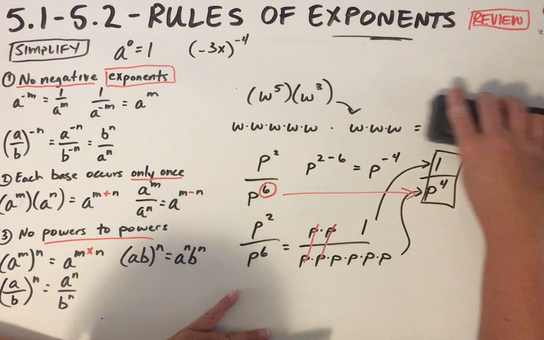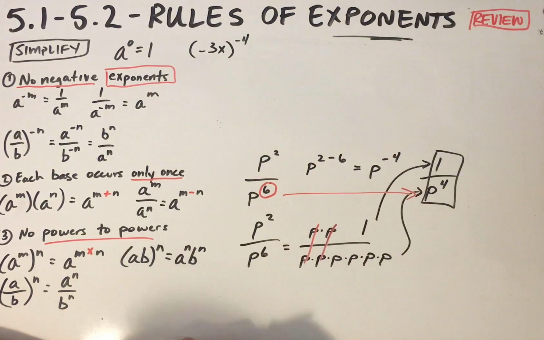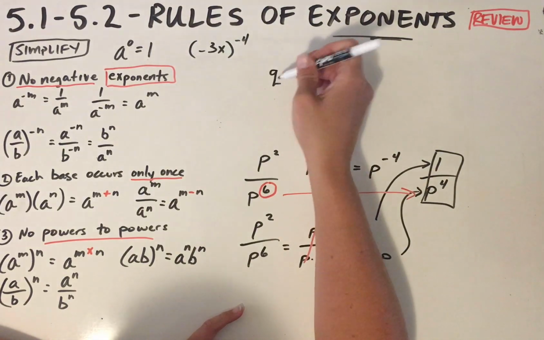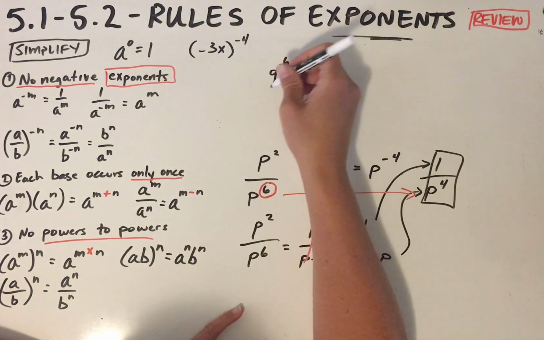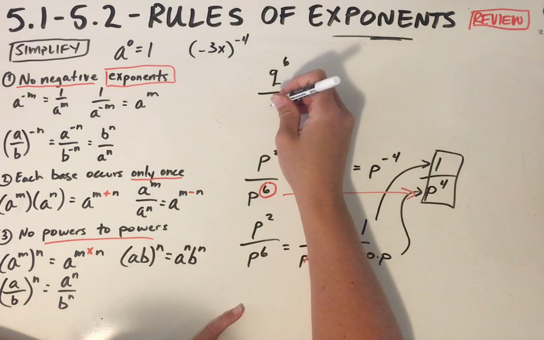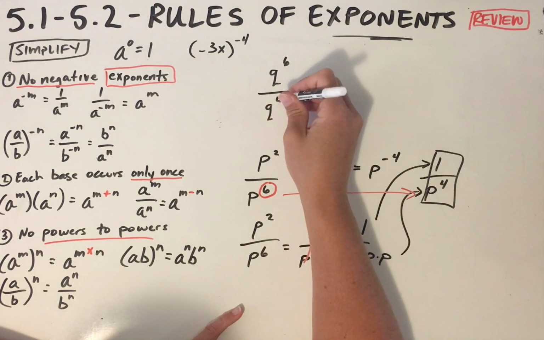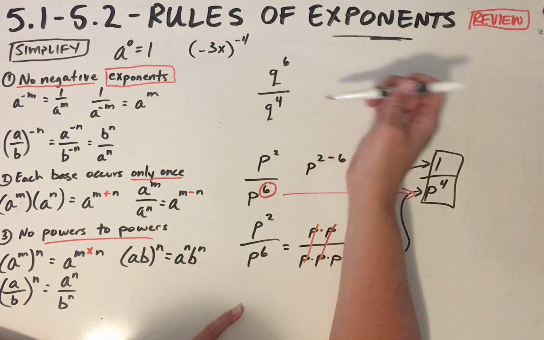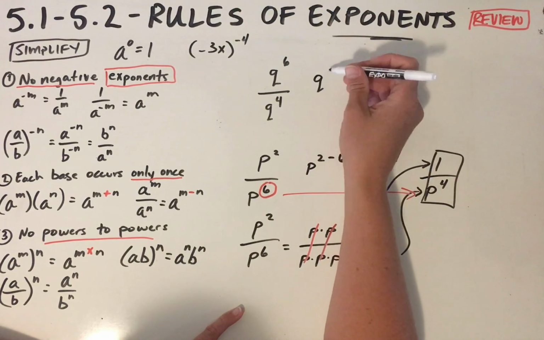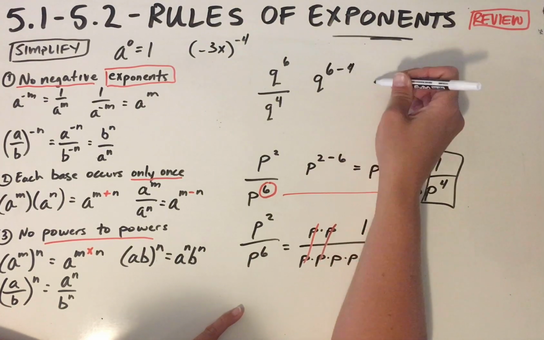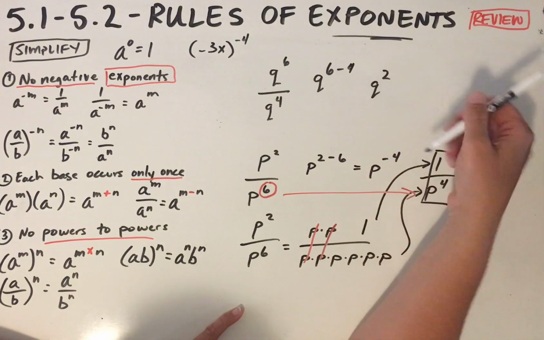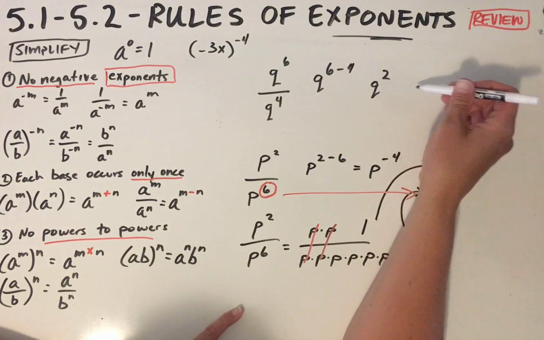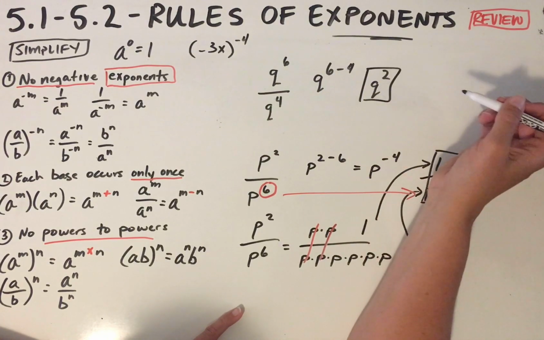What does that look like? Well, let's say that I have q to the 6th over q to the 4th. Well, 6 is bigger than 4, so if I literally do 6 minus 4, I get q squared. I don't need to put this downstairs because it's positive, so I just get q squared.